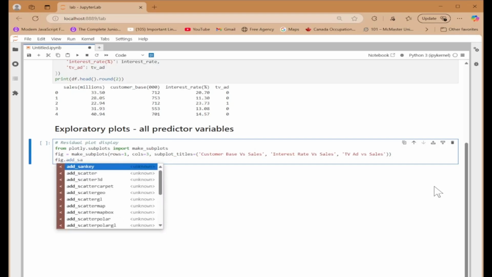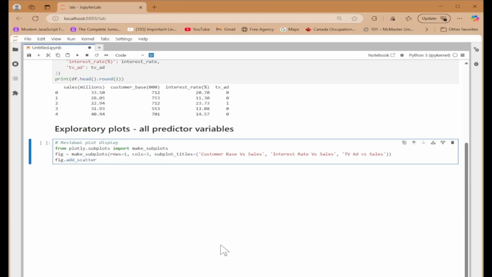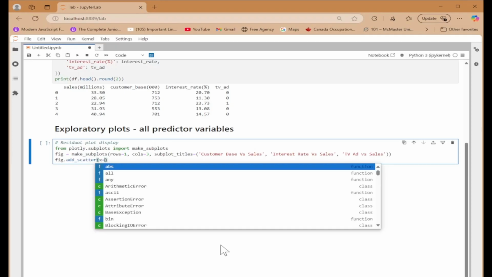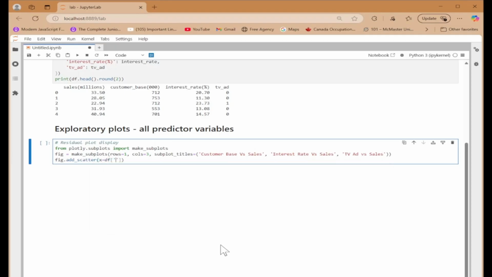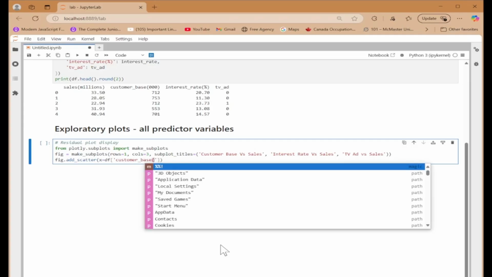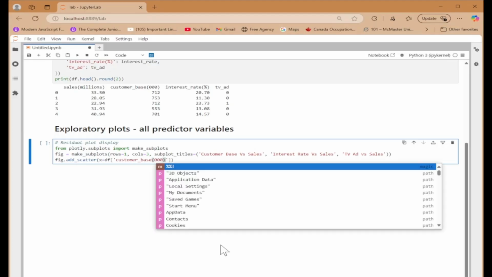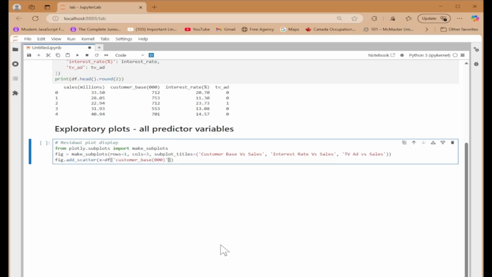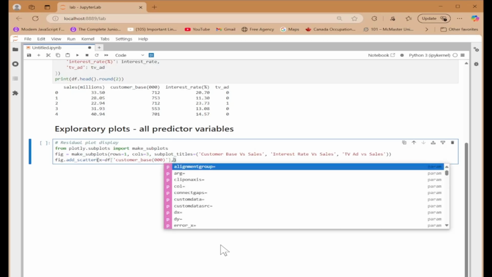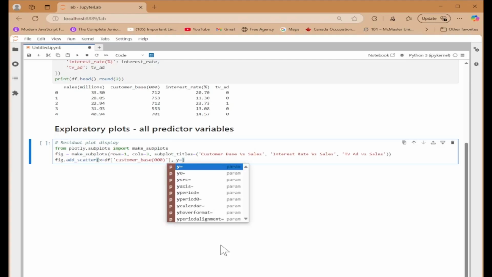fig.add_scatter, x equals df. So what scatter are we going to do? We're going to start with customer base. These names have to match exactly the data frame column names. Okay, customer base, x equals customer base, comma, y equals, what is that going to be?